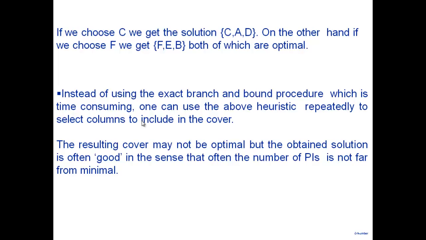Maybe after simplifying the table, you get essential rows, row dominance, column dominance, and you get a solution. If you don't get a solution, again look at pairwise independent rows and find a column which covers the most number of rows. Include it in your solution, and maybe the table simplifies and you get a solution. If you don't, keep on doing it. So that's a simple heuristic where you don't have to search the table in a rigorous manner.